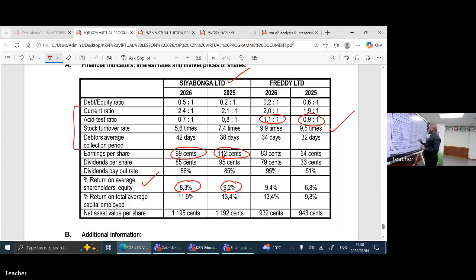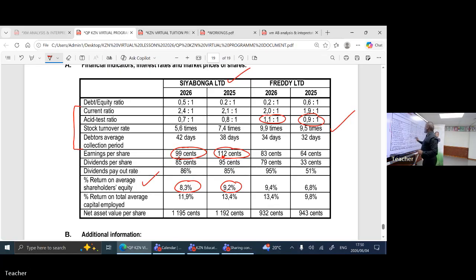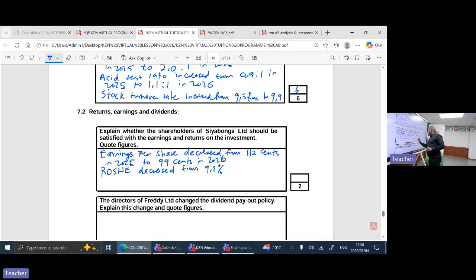ROCE decreased from 9.2% to 8.3%. By how many percentage points? 9.2 minus 8.3 is giving me 0.9.